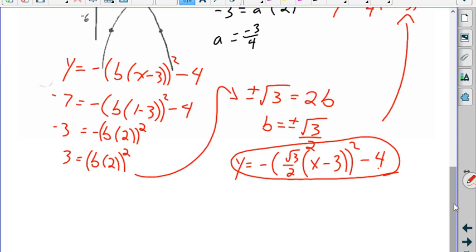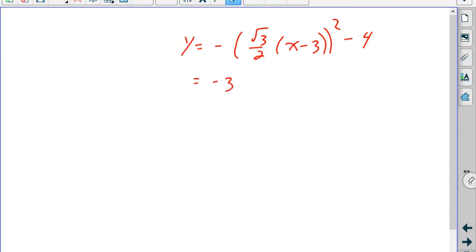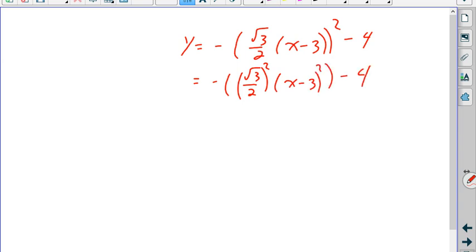Now, I said I'd show you that these two equations are equal. I'm just going to start with this. You don't have to write this down. This square applies to both terms in this function. What happens when you square square root 3?